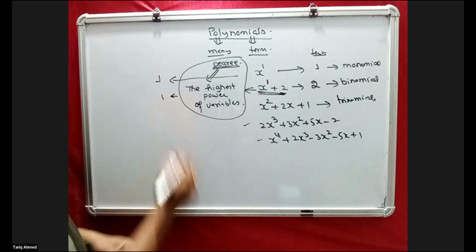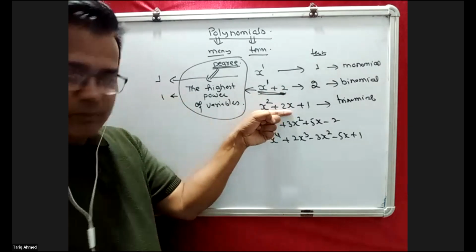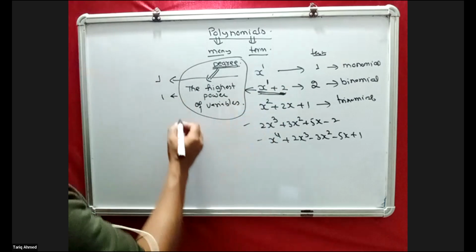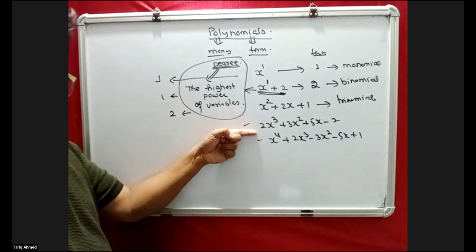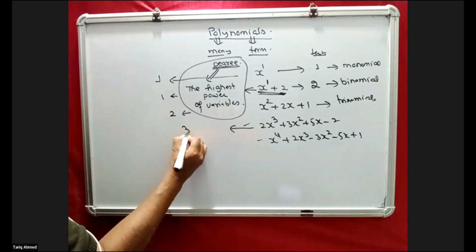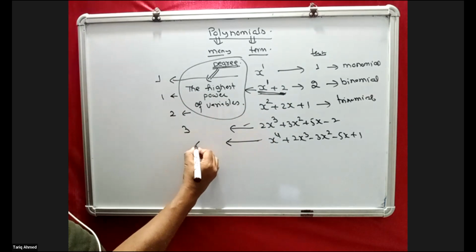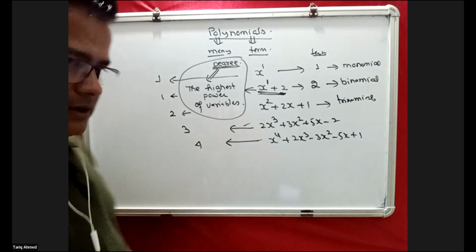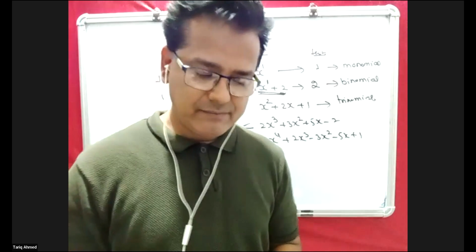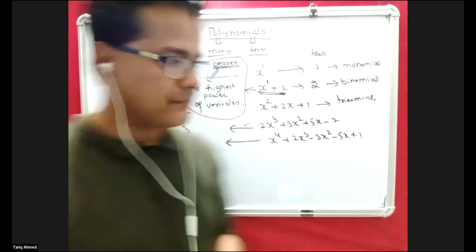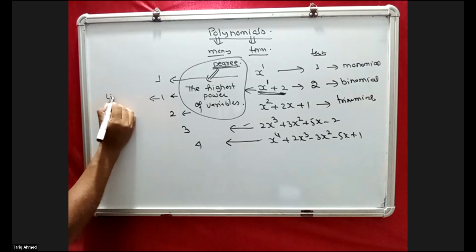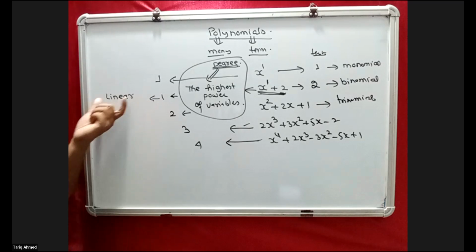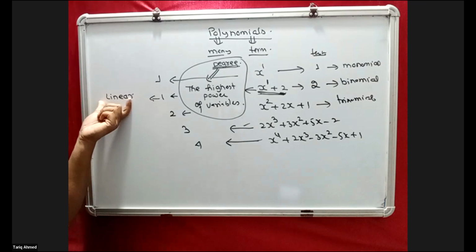Now, what is the highest power in this polynomial? 2. It is of degree 2. What is the degree of this one? 3. Good. What is the degree of this one? 4. Correct. Now, a special name is given according to their degree. When a polynomial is of degree 1, that is known as linear polynomial.